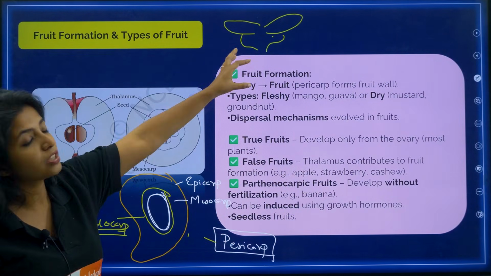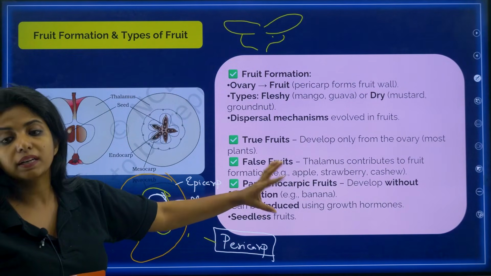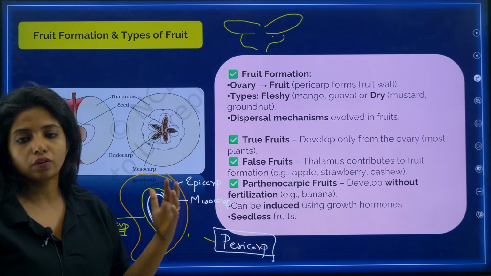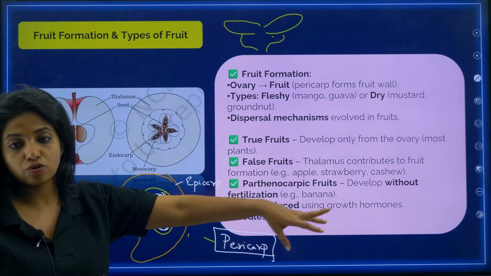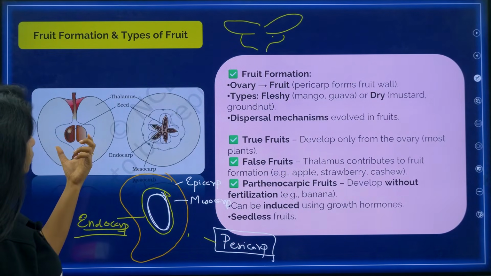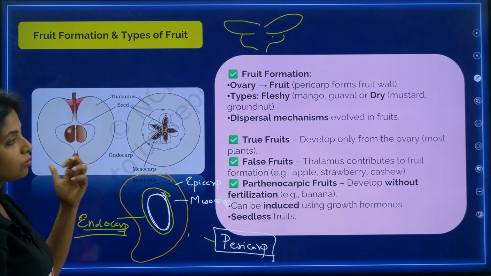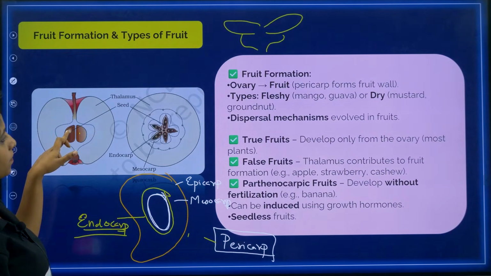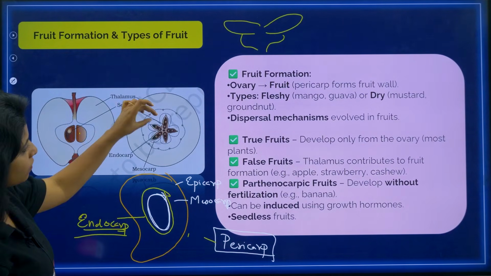Okay, I'm not saying the thalamus will grow into fruit, but in them, things apart from ovary are contributing to the formation of fruit, which is why apple, strawberry and cashew are known as false fruits. So over here, if we see the structure of apple, there was a recent question on how to label it. This is the seed that is there inside, and then you have multiple layers.